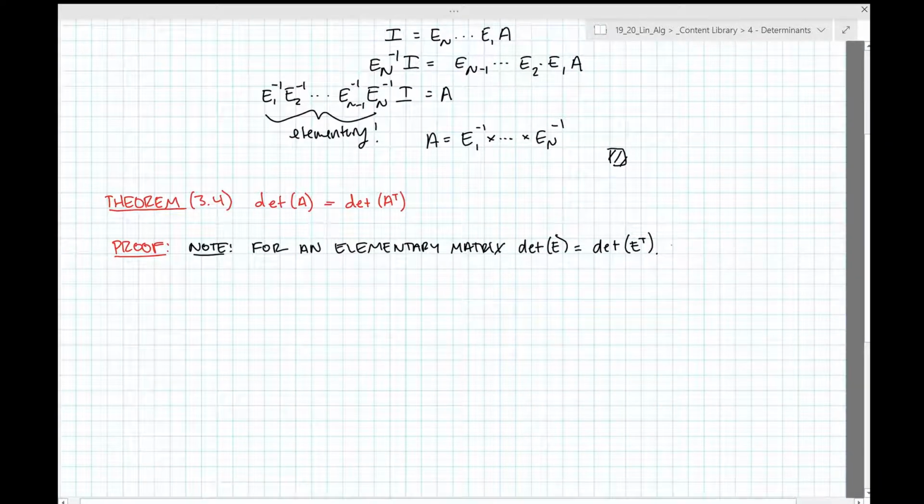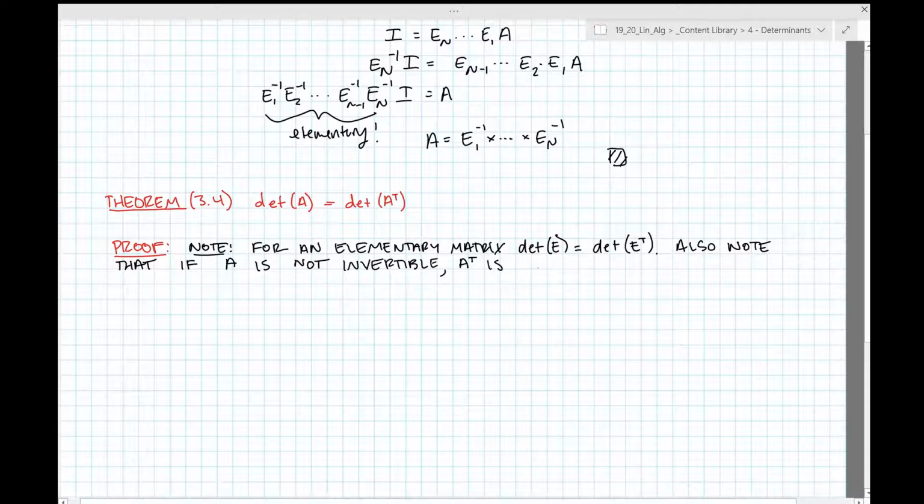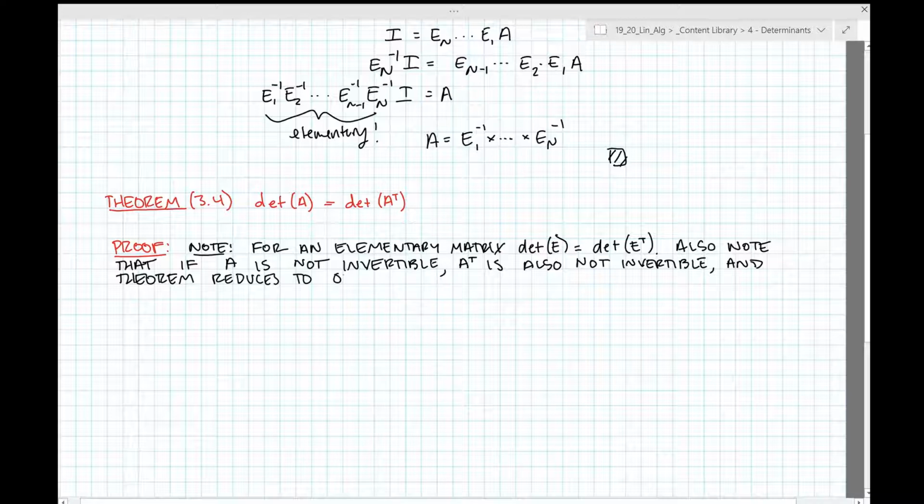Also note that if A is not invertible, A transpose is also not invertible, and the theorem reduces to 0 equals 0, right?